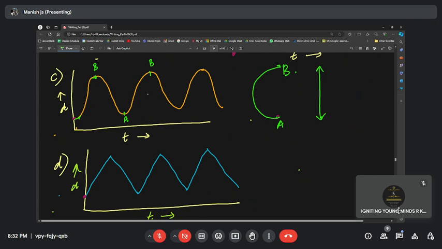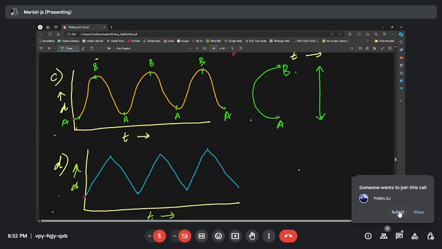Let me call this particular point A. From A she reaches B and then back to A, first revolution. Again A to B and back to A, second revolution. A to B and back to A, third revolution. So like this Sanya is covering three revolutions in a circular path.